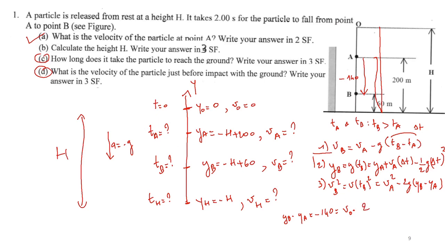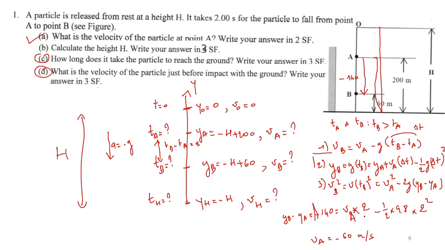Because in the first line, I said it takes 2 seconds for the particle to fall from point A to point B. So TB minus TA is equal to 2 seconds. This is the data of the problem. So VA multiplied by 2 seconds minus half G, which is 9.8, multiplied by 2 seconds square. And I solve for this. The only unknown is VA. And you get VA, which gives you minus 60 meters per second.